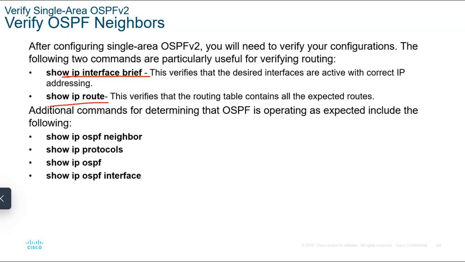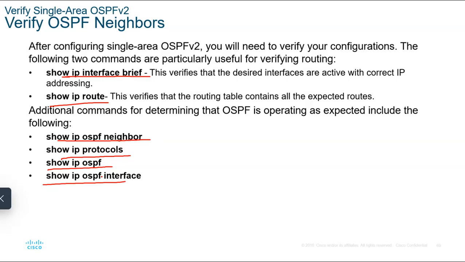Other additional commands for determining that OSPF is operating as expected include show ip ospf, show ip ospf neighbor, show ip protocols, and show ip ospf interface. They are very crucial verifying commands.